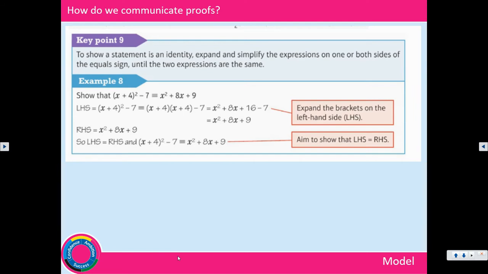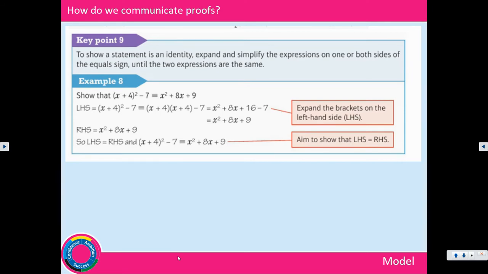So to show that a statement is an identity, we expand and simplify the expressions on one or both sides of the equal sign until the two expressions are the same. Okay, so in this case, it says show that (x plus 4) squared minus 7 is always equal to x squared plus 8x plus 9.